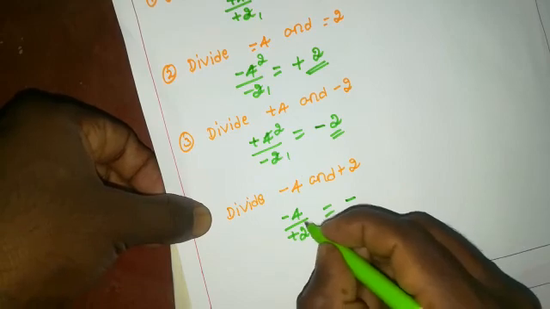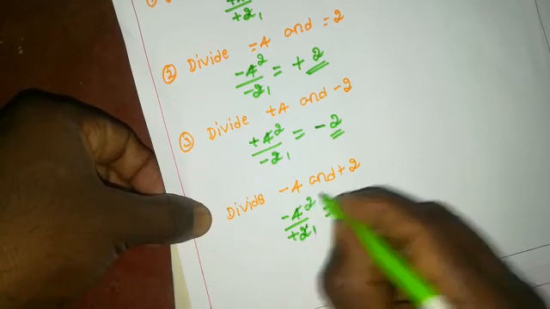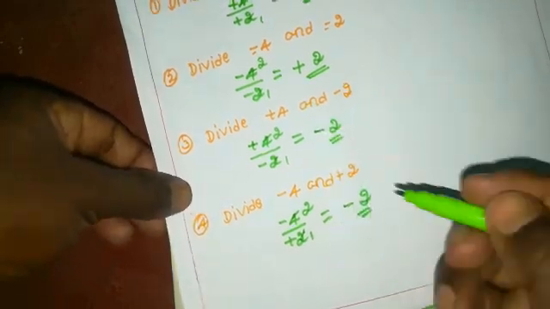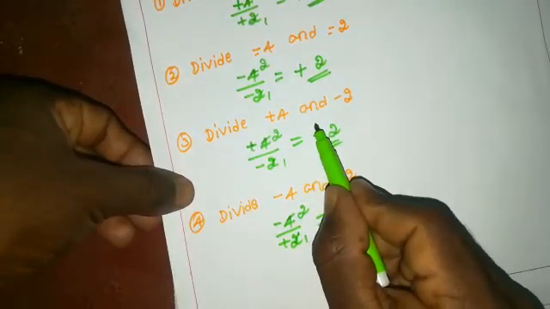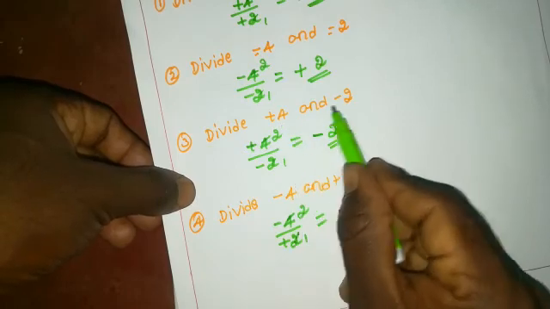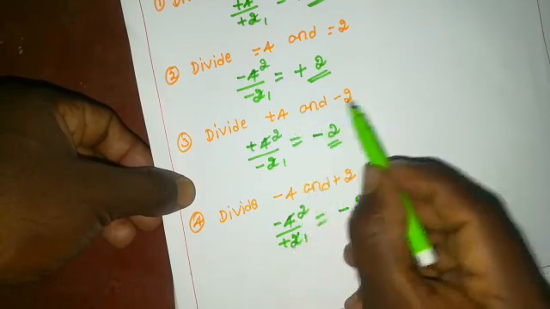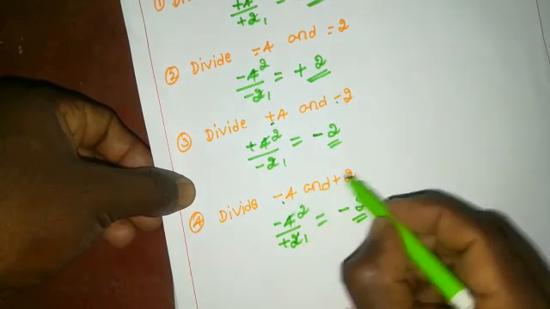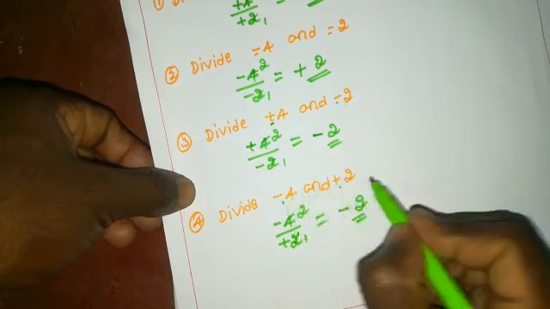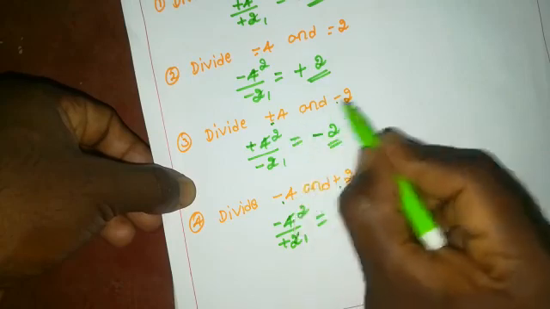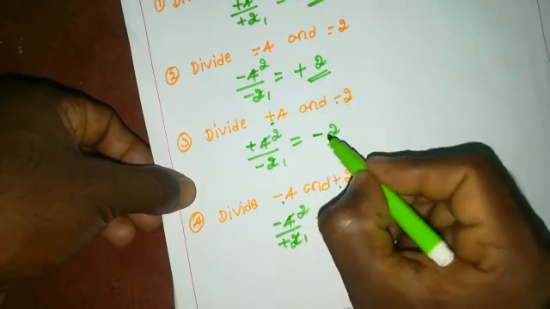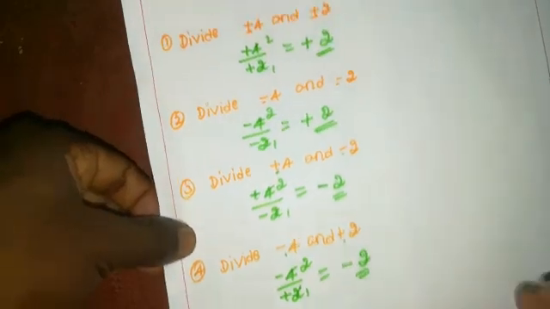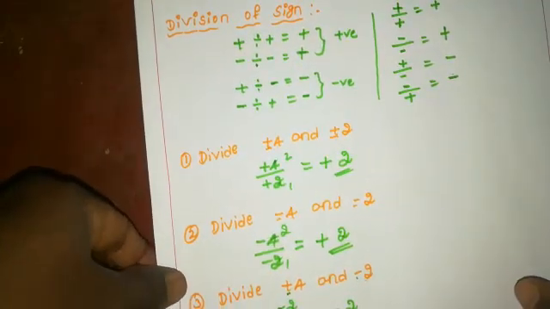Here 2 divides 4 two times. Again we get -2. By observing these two examples, when we are dividing two integers having opposite signs, here plus sign, here minus sign, here minus sign, here plus sign, it means opposite sign, we always get negative. Thus we divide the integers.